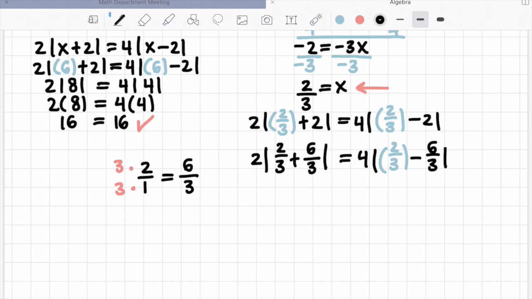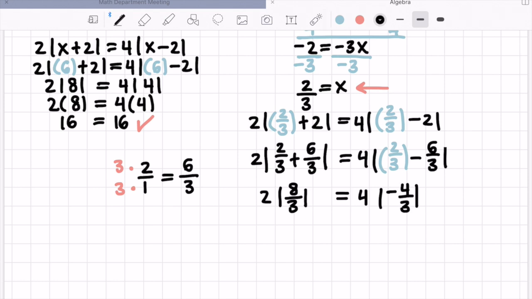Okay. Next step is to combine anything that is inside of the absolute value. So 2 over 3 plus 6 over 3 gives me 8 over 3 with the absolute value still, because I still haven't solved that. And then I'm left with 4 times 2 divided by 3 minus 6 over 3, that gives me negative 4 over 3.